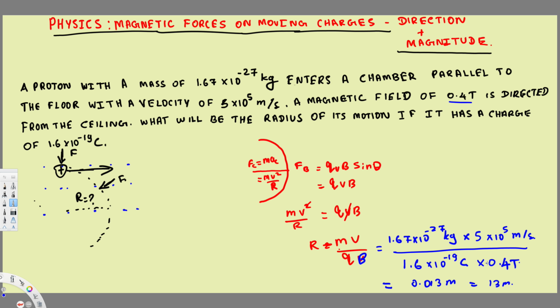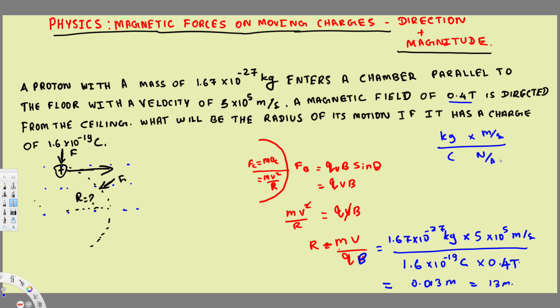Now let's look at the units. Here we have kilogram meter per second, and you may ask, how did we derive meter from this? Let's analyze these units first. We have kilogram and meter per second on top. In the bottom we have coulomb, and Tesla is equal to Newton per ampere meter.